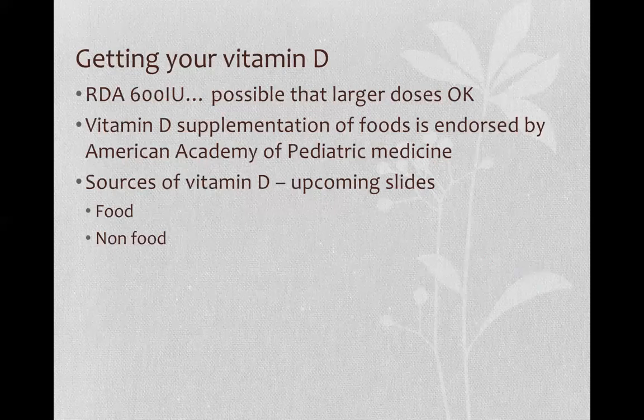The upper level for vitamin D is 4,000 IU. So like I said, it's probably okay if you took more than 600 because you're still going to be pretty far away from that 4,000.